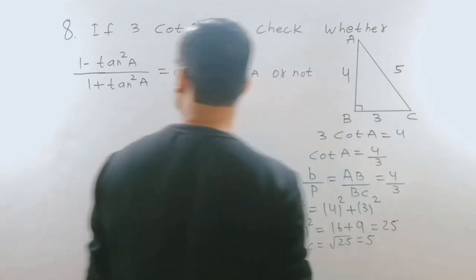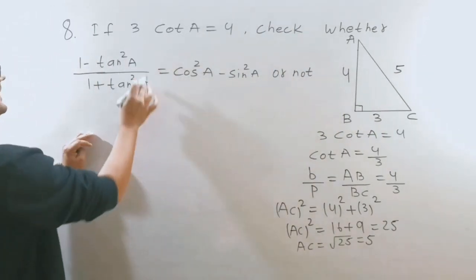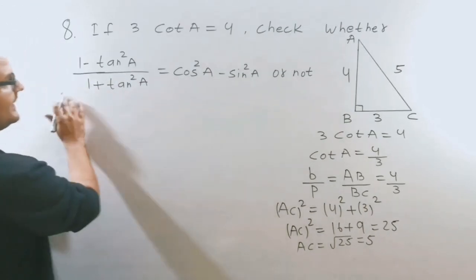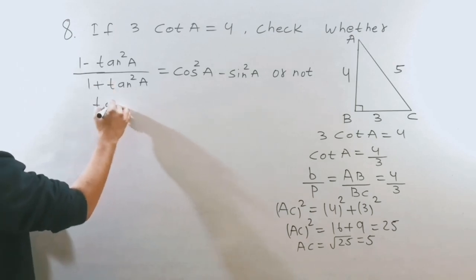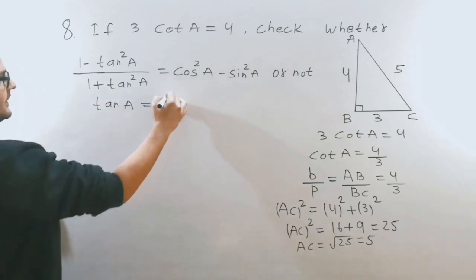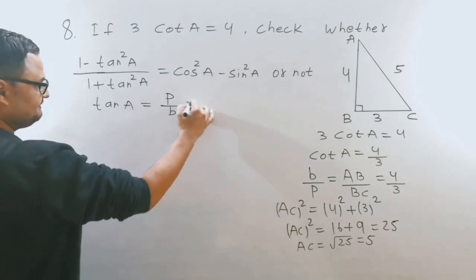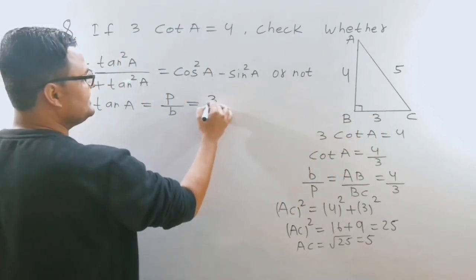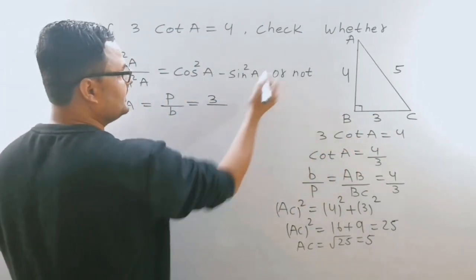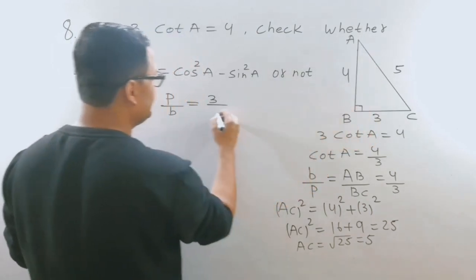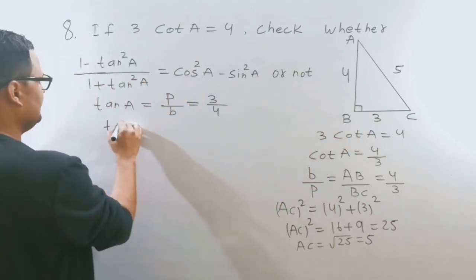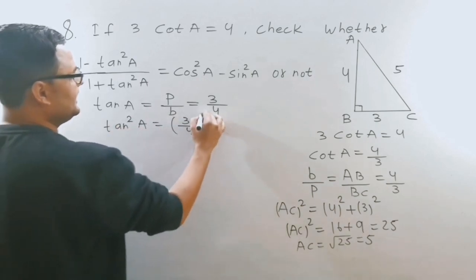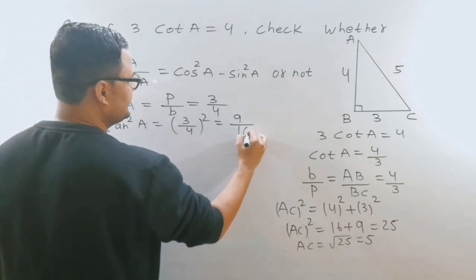Now, I need only tan square A for the LHS. So let me find tan A. Tan A equals P by B. For this angle A, the perpendicular is BC, which is 3, and the base is AB, which is 4, so 3 by 4. Then tan square A equals 3 by 4 square, which equals 9 by 16.